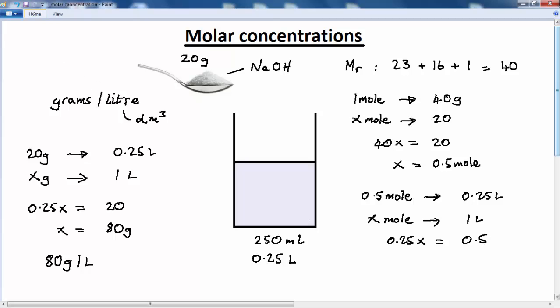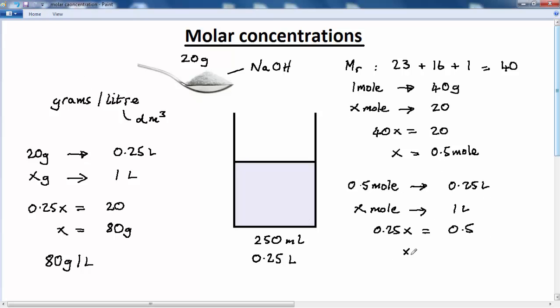Let's make a bit of space, and that gives us x is equal to 2 moles. So what we're saying is that there are 2 moles added to 1 litre of water. So we write the concentration of the solution as 2 moles added to 1 litre. That's 2 mol per litre.